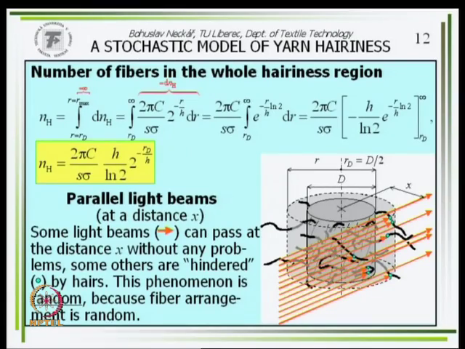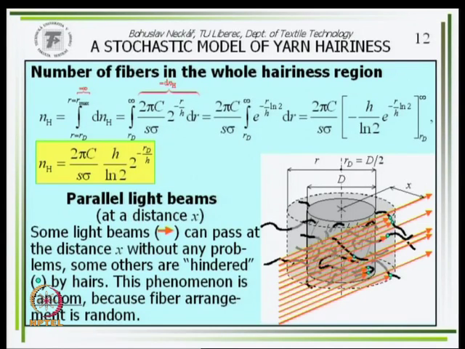One method by which we can measure the hairiness of the yarn is that we use some parallel light beams and we make a projection of the yarn. What we see on the microscope, for example: in the central part, we see black points, we will later show it more precisely, only intuitively.